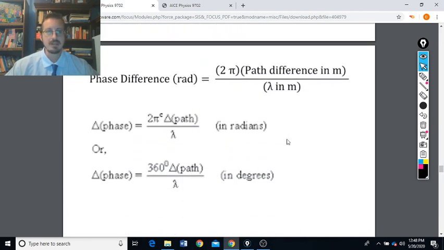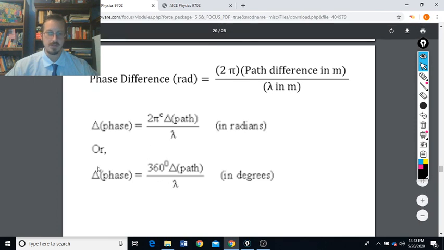We could also think about it in terms of phase difference. The phase difference is 2 pi times the path difference divided by the wavelength, which gives us the phase difference in radians, because we're using 2 pi radians. Or we use 360 degrees to solve for degrees. So the difference in phase is the path difference divided by the wavelength, times 360.